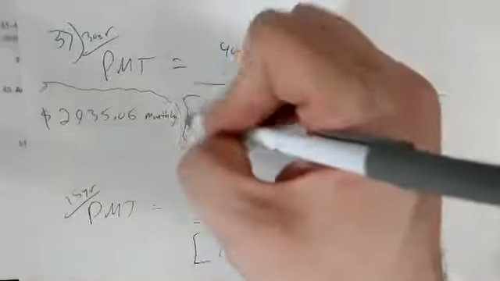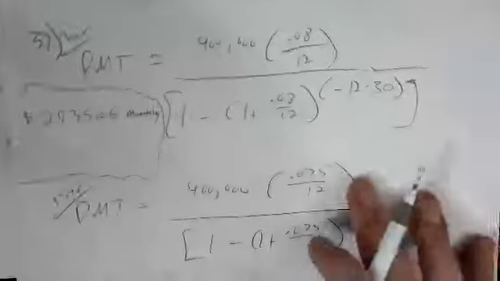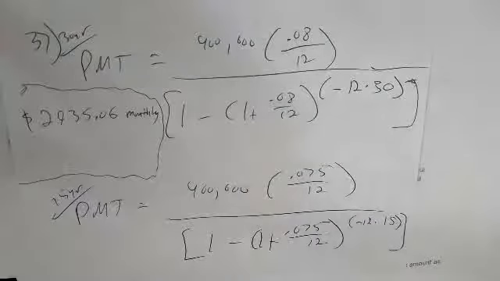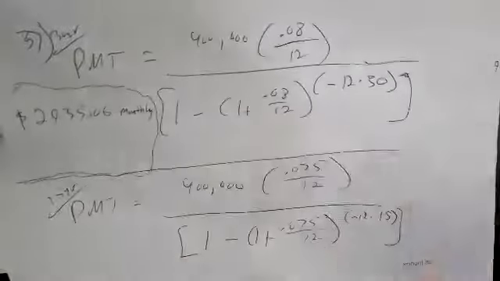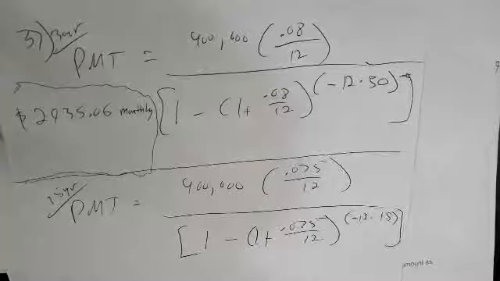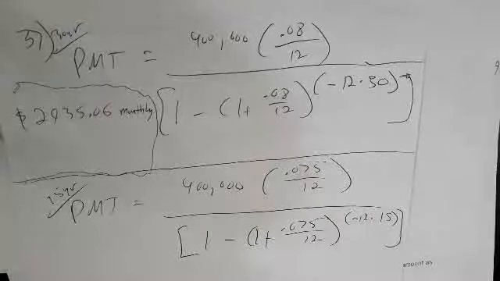I'm getting all jammed in here now, huh? $2935.06. If I do that by 12 by 30, does it give me the one that they give me? 105,621. That's it.